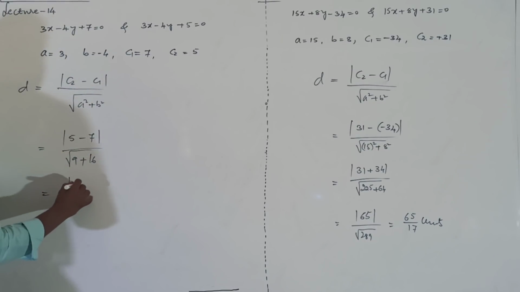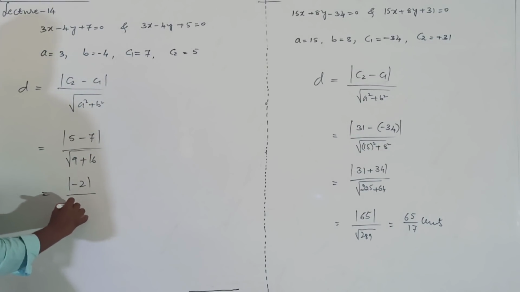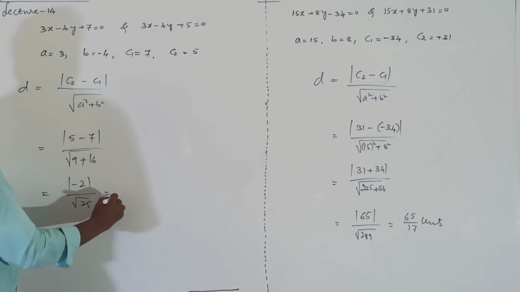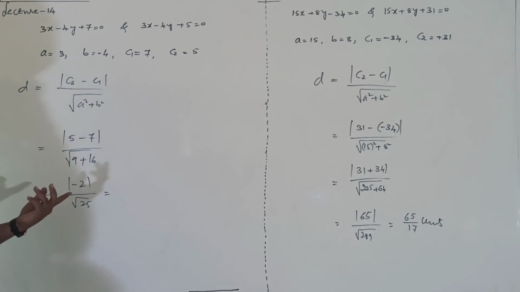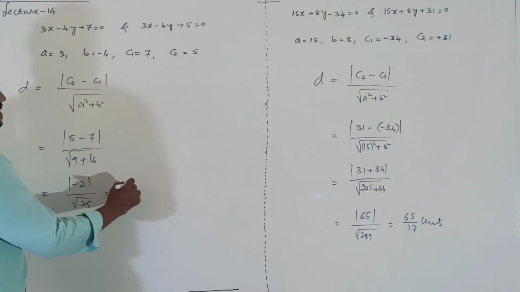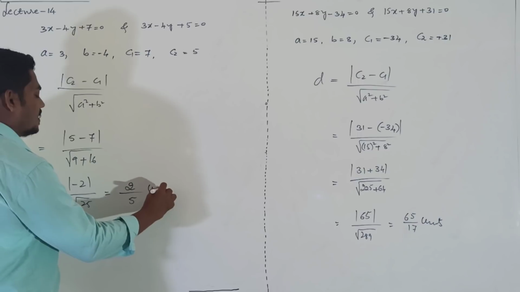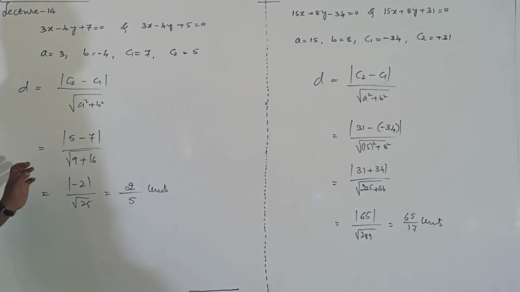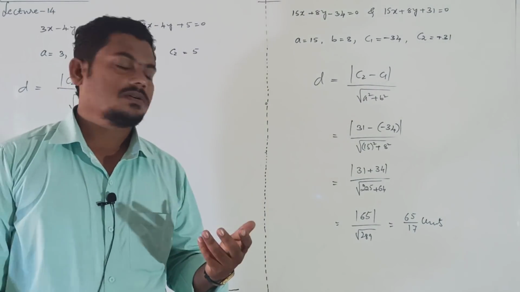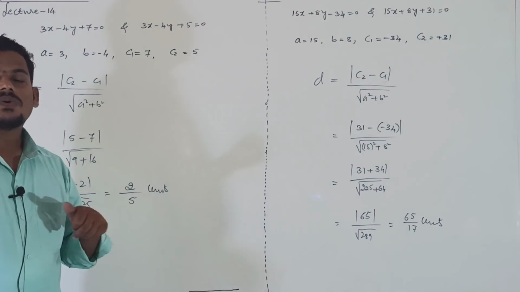That's equal to modulus of minus 2 divided by square root of 25. Distance is always positive, so consider plus 2, not minus 2. 2 divided by 5 units. The distance between the given two parallel lines is 2 divided by 5 units, right?